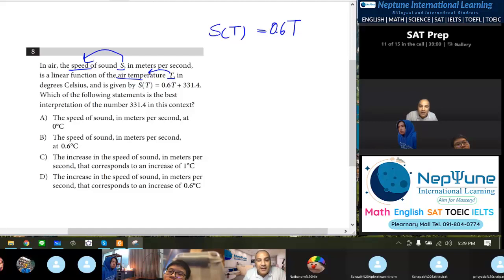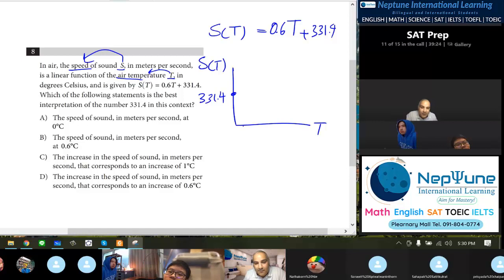You can also graph it for yourself. This is T, temperature, and that's S, which depends on temperature. If temperature is 0, then the speed of sound is 331.4.